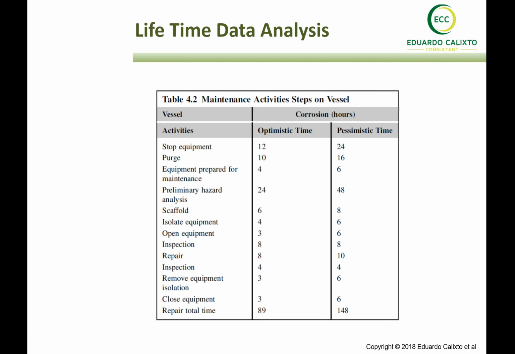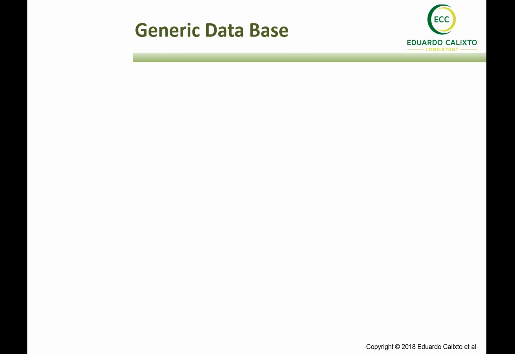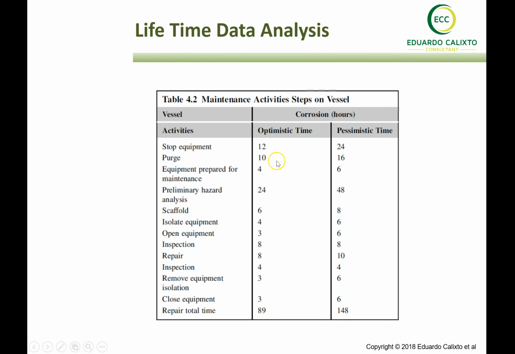The alternative is to ask the maintenance specialist about such specific repairs of such equipment, and then we can have two scenarios, optimistic and pessimistic. With this information, we can define a PDF that fits both values and model our maintainability.